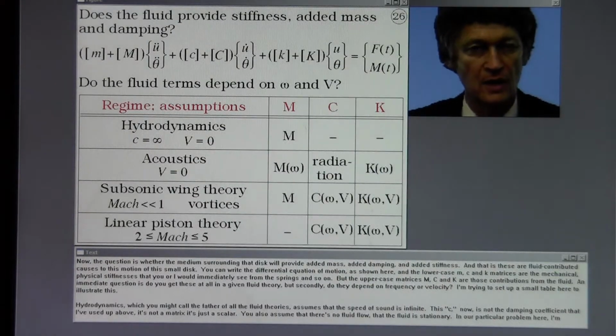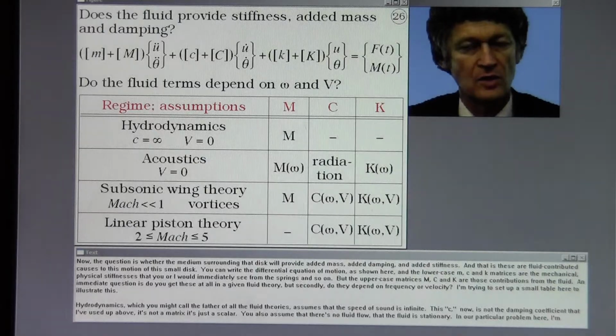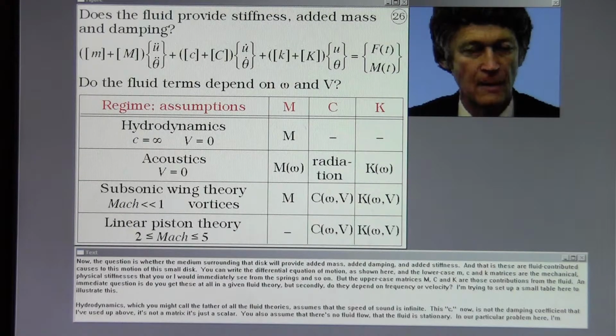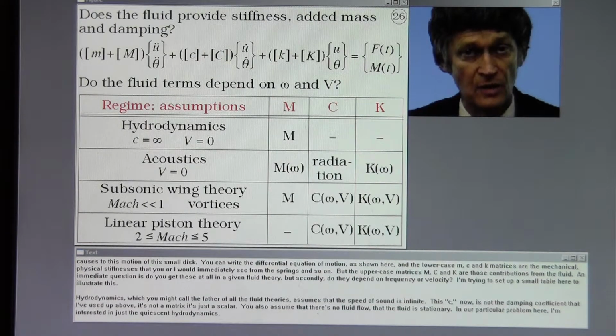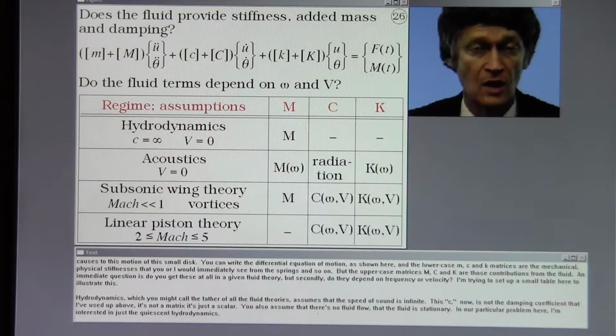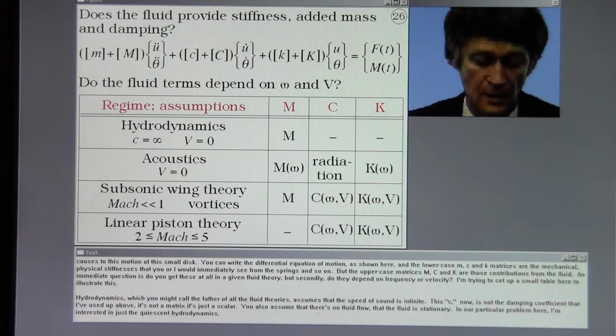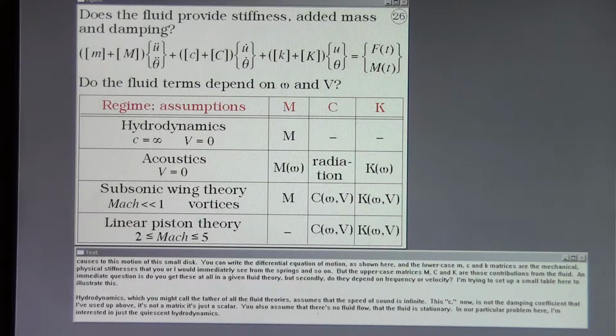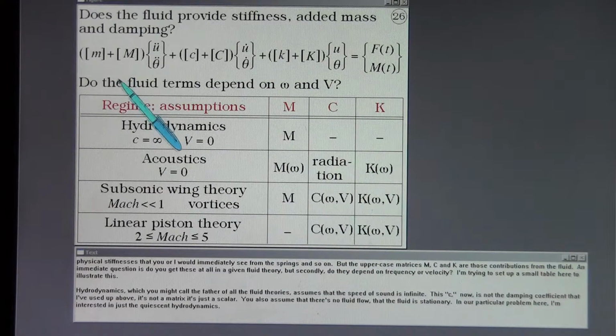Now the question is whether the medium surrounding that disc will provide added mass, added damping, and added stiffness. These are fluid-contributed causes to the motion of this small disc. You can write the differential equation of motion as shown here, and the lowercase m, c, and k matrices are the mechanical, physical stiffnesses that you or I would immediately see from the springs and so on.